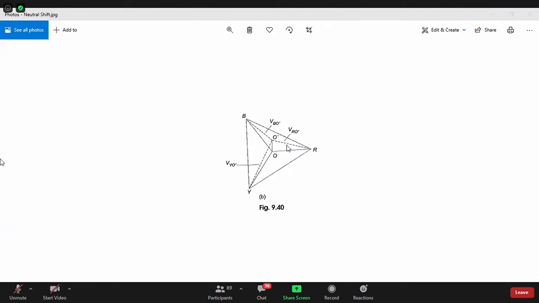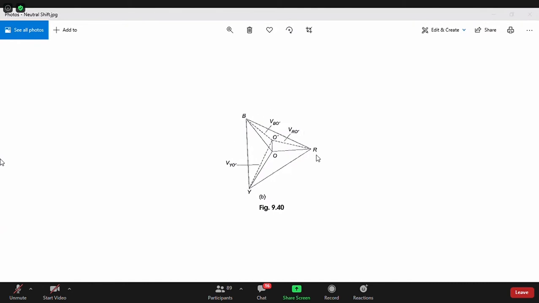But now the three phase voltages, the dotted lines, are not the same. They are different, and not only in magnitude, they have phase differences. So we can plot it and we find that O prime, the neutral of the load, is somewhere here. So then these are the three phase voltages.